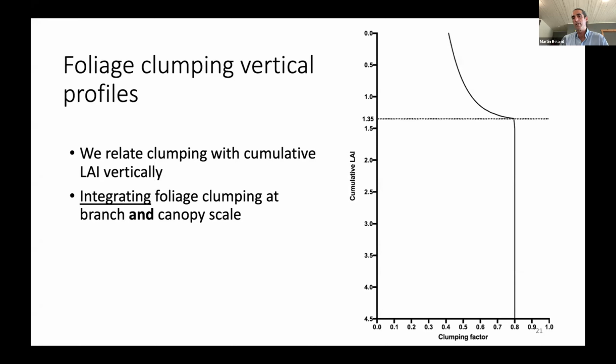This graph I'm showing here is actually integrating the small scale clumping, so the shoot scale, and the larger scale clumping at the plot level. So when we go down further in the canopy, the clumping factor integrating all these scales is about 0.8. But higher up in the canopy, it is highly clumped. So this is a behavior that was suspected, I would say, but this is the first time that we're actually able to measure it.